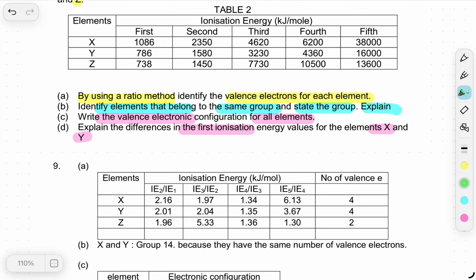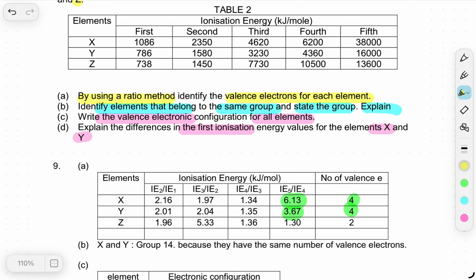Here you can see that between the fifth and fourth ionization energy, the ratio is very high. Therefore, there's the big jump. So the number of valence electrons will be 4. Same goes for Y. The ratio between IE5 over IE4 is the highest. It's not following the trend. So the valence electrons would be 4.